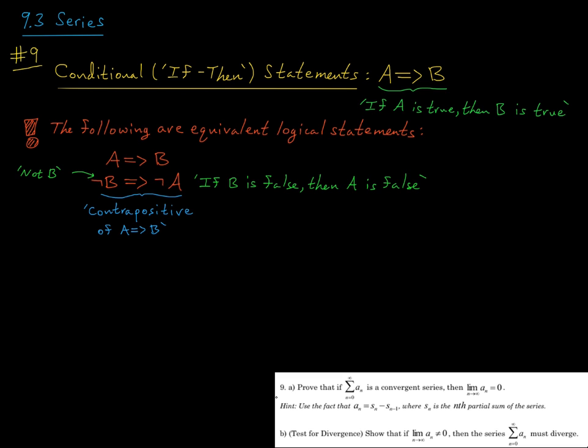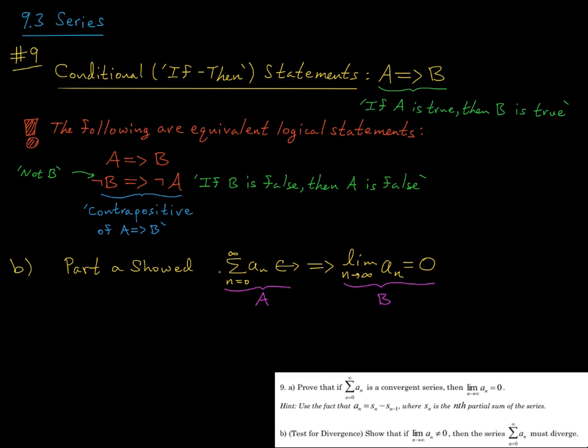So what does all of this have to do with part B? Well, part B says, show that if the limit of a sub n as n approaches infinity is not 0, then the series of a sub n must diverge. So how do we do that? Well, what we showed in part A was that if this series of a sub n converges, then the limit of a sub n is equal to 0.